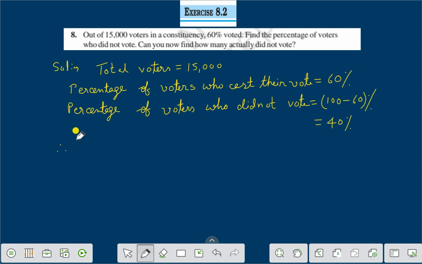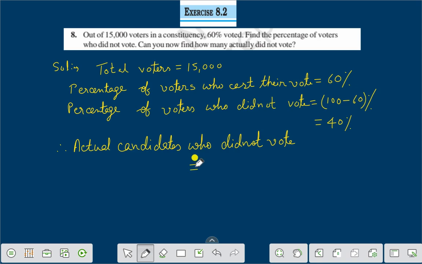Therefore, actual candidates who did not vote is equal to 40% of 15,000, because total voters is 15,000.